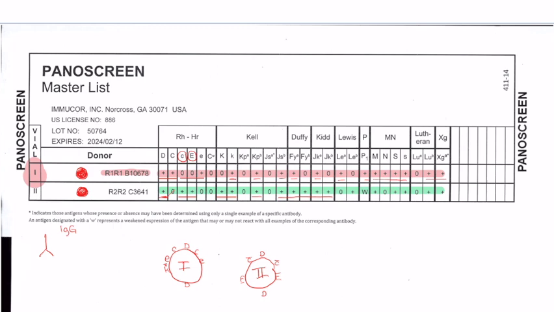Okay, so if this patient has an antibody to, let's say, big C, okay, let me erase this, big C. Let's think about big C at the moment. So we'll put a big C on the top of this. Okay. So if this patient that we're testing at the moment has that antibody, and we mix it with these cells, their plasma, we'll put this in a drop of plasma. I wanted it orange.